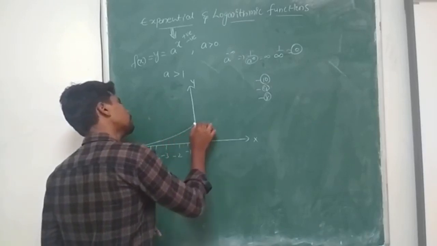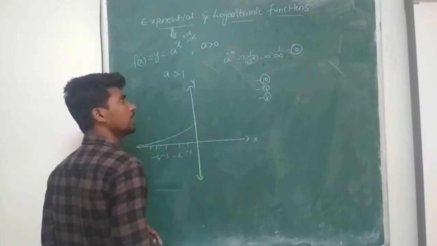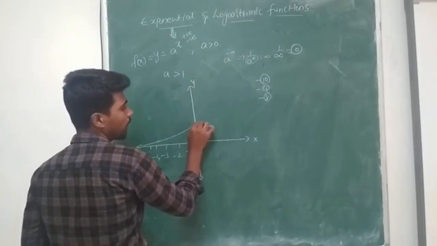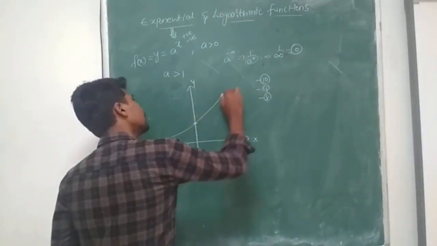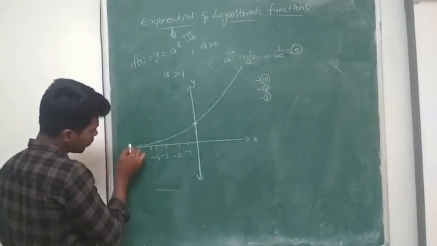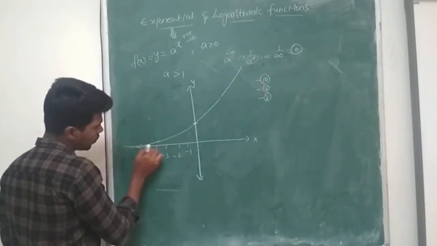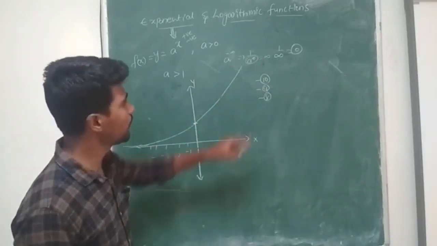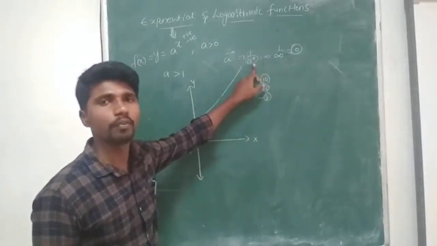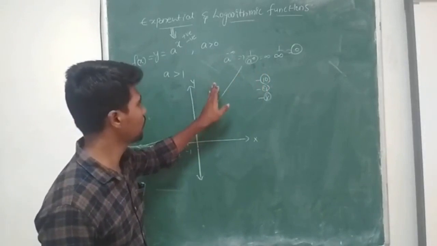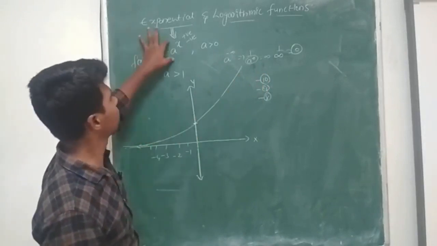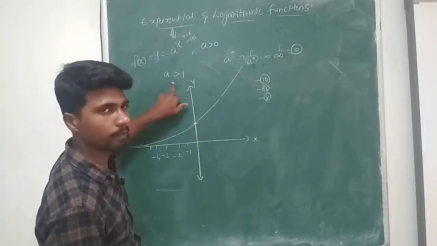If I approach 0, anything power 0 is nothing but 1, I get the value of y as 1 and it continuously increases. But it does not touch 0, because a power x will never equal 0. So this is the graph of the function a power x when a is greater than 1.